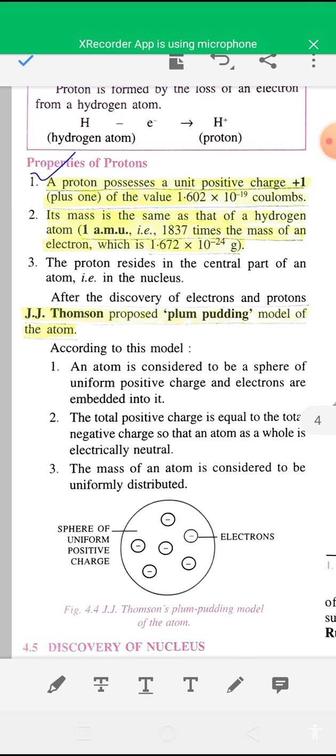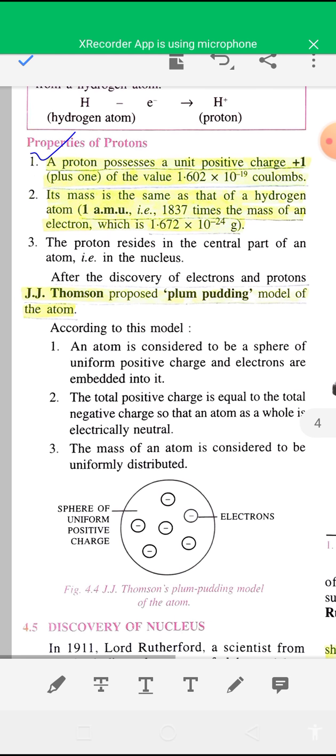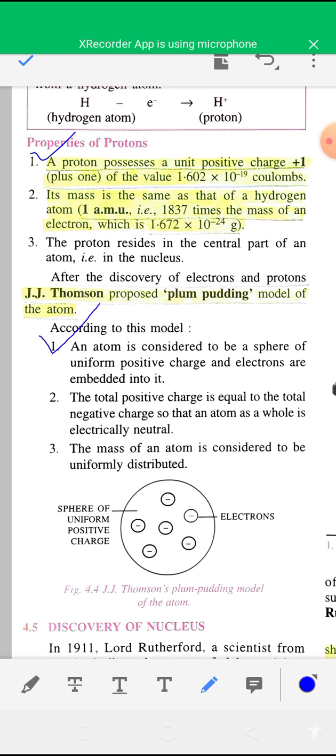Next, atomic model: the plum pudding model of the atom. J.J. Thomson proposed the plum pudding model of an atom after the discovery of the electron and proton. This model was not accepted actually. According to the plum pudding model, an atom is considered to be a sphere of uniform positive charge, and the electrons are embedded in it.